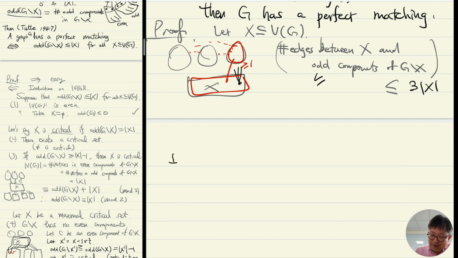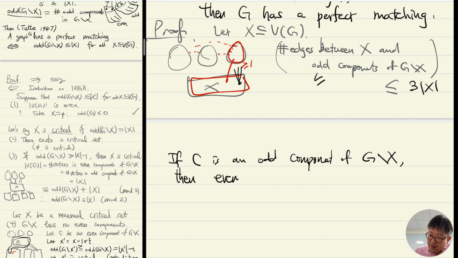If C is an odd component of G delete X, then every vertex in C has degree 3.